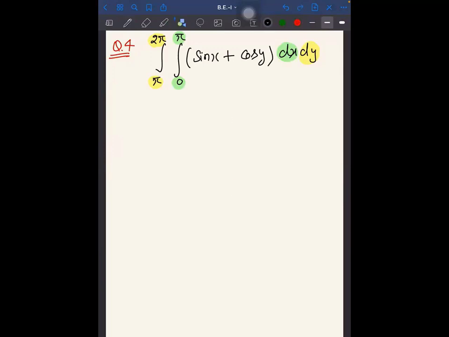Can anybody tell me what the range of x is? 0 to pi. So 0 to, let's say, 3.1 over here. And what are the ranges of y?